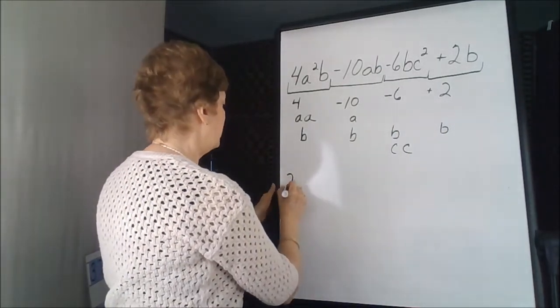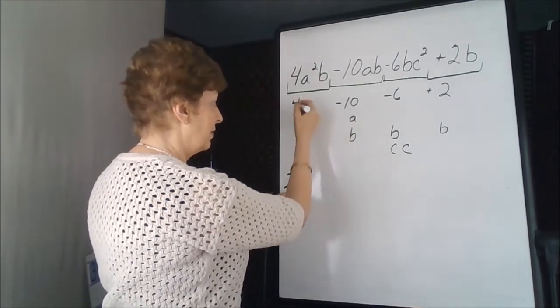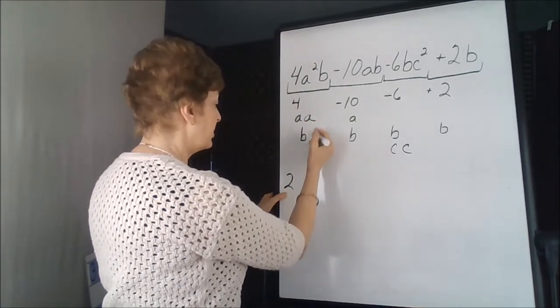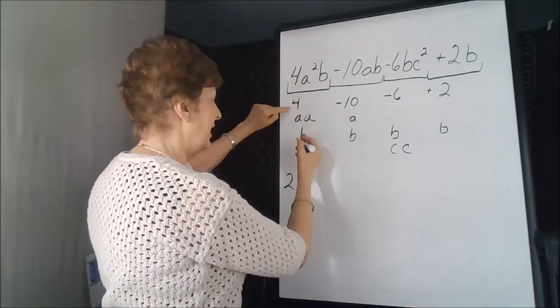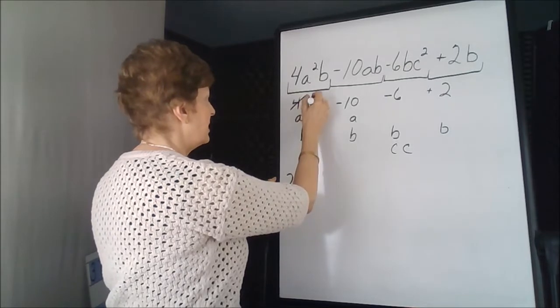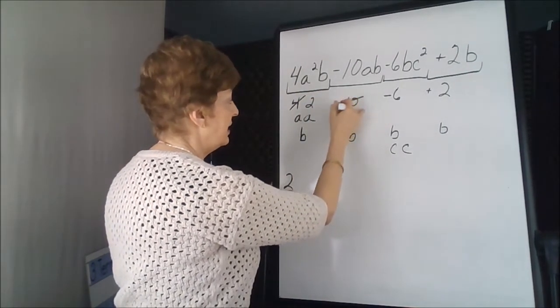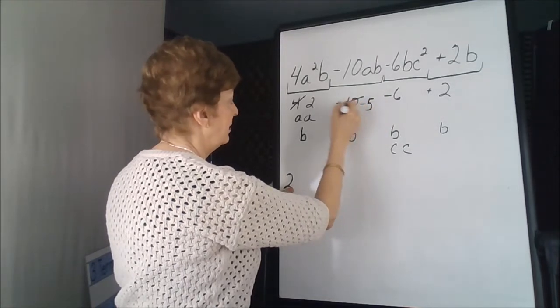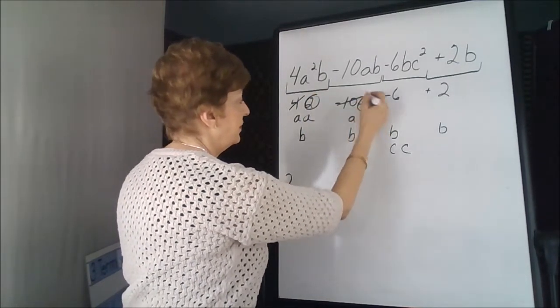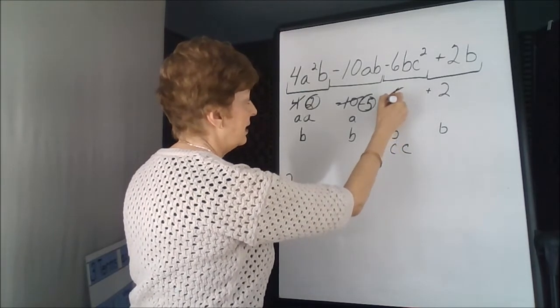So let me pull the 2 out. When I do that, I'm going to actually adjust the other numbers. So 2 taken out of a 4, 4 divided by 2 is 2. Negative 10 divided by 2 is a negative 5. Negative 6 divided by 2 is a negative 3.